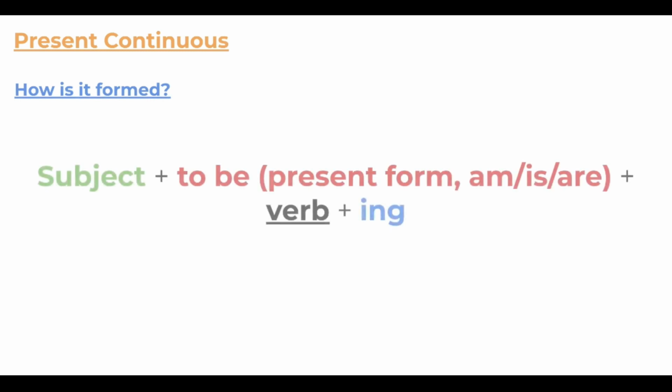Okay, so let's have a look at our equation. We've got the subject at the start, then our form of the verb to be in the present form, so either am, is, or are, the main verb plus that ing. And we'll see this in action because I know that this is a bit overwhelming initially when you see this equation, but I think you'll recognize it when it's in examples.